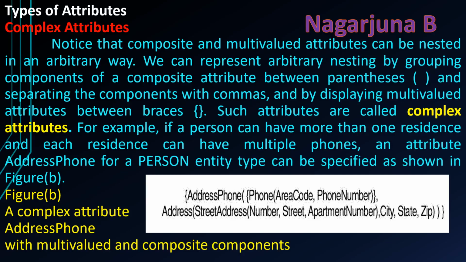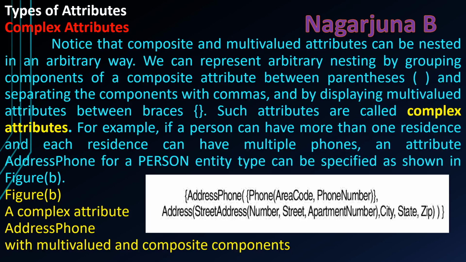For example, a person can have more than one residence, and each residence can have multiple phones. The attribute AddressPhone for a person entity can be specified as represented in this diagram.